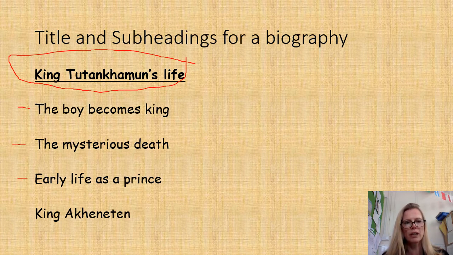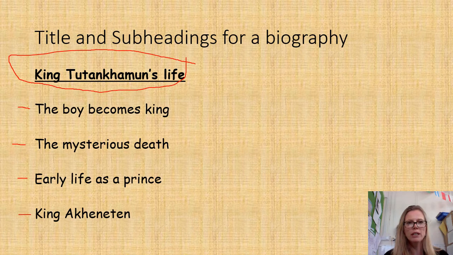Just as a quick warm-up, what order do you think they would go in? We've got the boy becomes king, the mysterious death, early life as a prince, and King Akhenaten. So which one do you think is number 1, and number 2, number 3, number 4? Have a quick look.